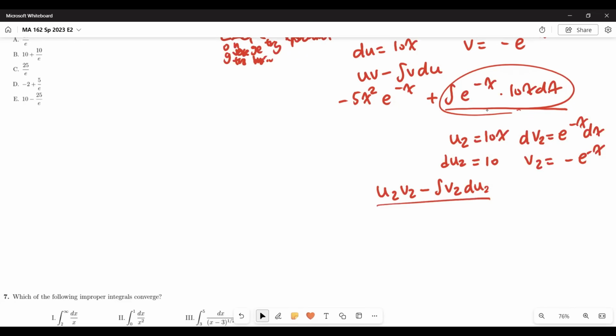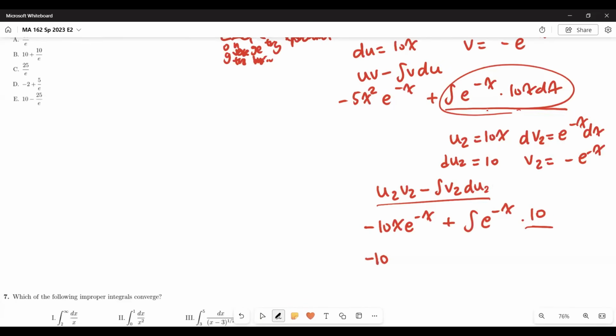So u2 is 10x and v2 is negative e to the negative x. So this is negative 10x times e to the negative x plus the integral of e to the negative x times 10. Oh, nice. Now we don't have to do integration by parts again because it's a constant term right there.